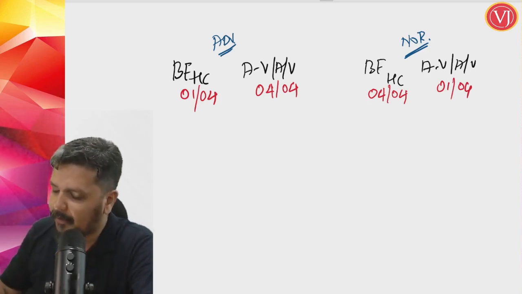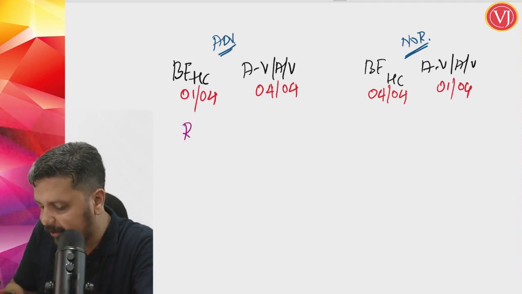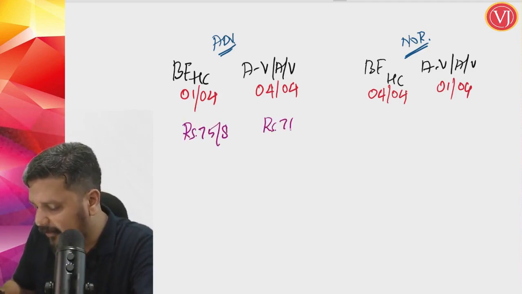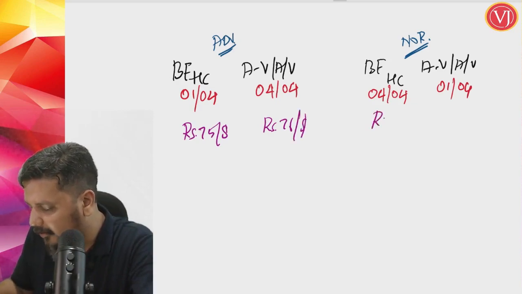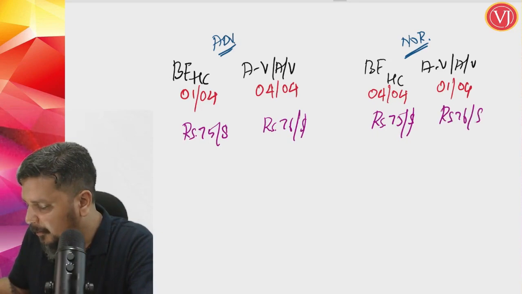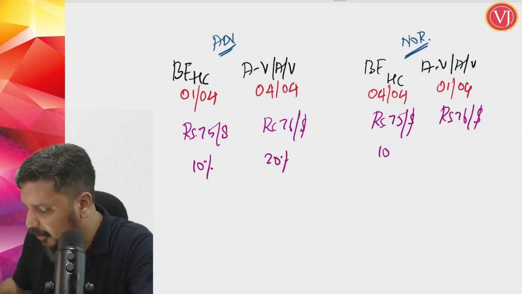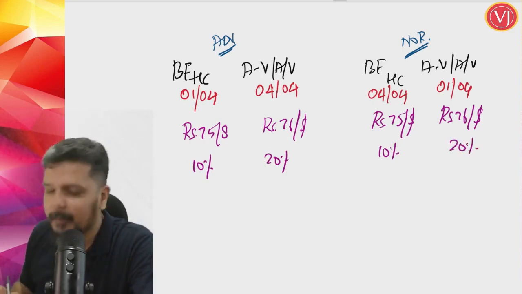Now let us give the questions. Supposing exchange rate here is rupees 75 per dollar. Here it is rupees 76 per dollar. Rate of duty is 10%, 20%.